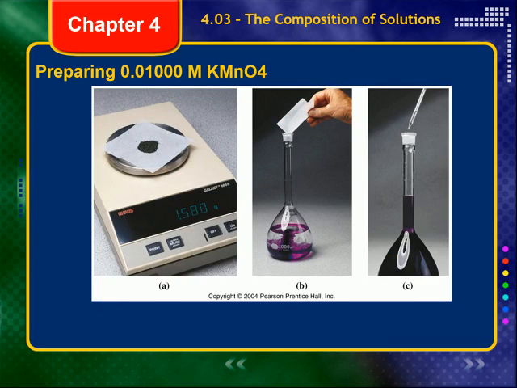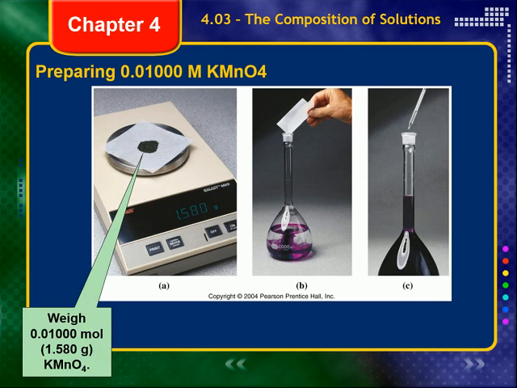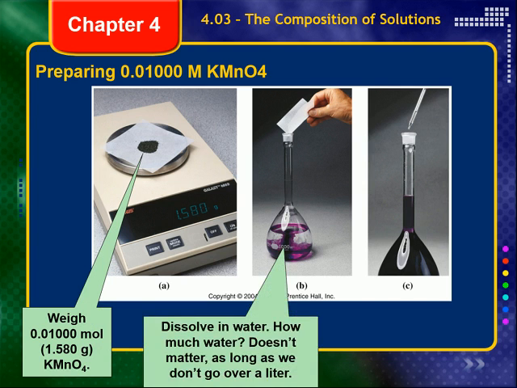So if I'm going to prepare potassium permanganate, and I wanted to have a very specific concentration, like this 0.01000 molar, I'm going to go through a couple steps. Well, I'm going to weigh 0.01000 moles of that potassium permanganate. That ends up being 1.580 grams, just FYI. I'm going to place that into some water. How much?